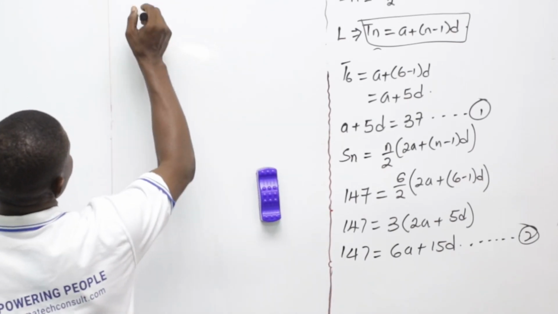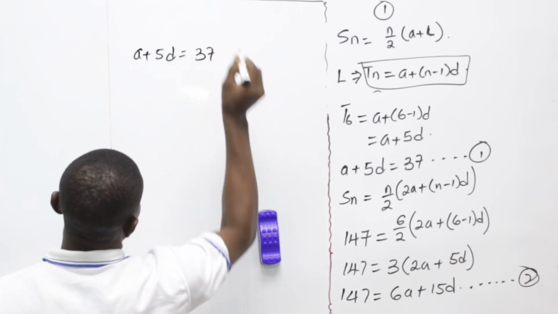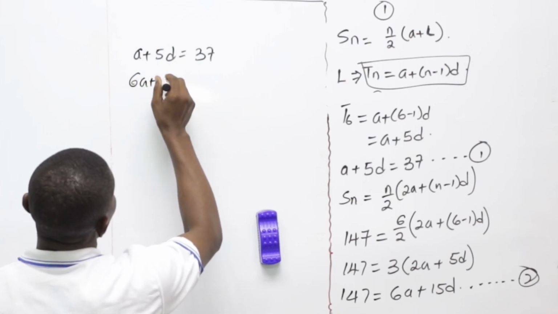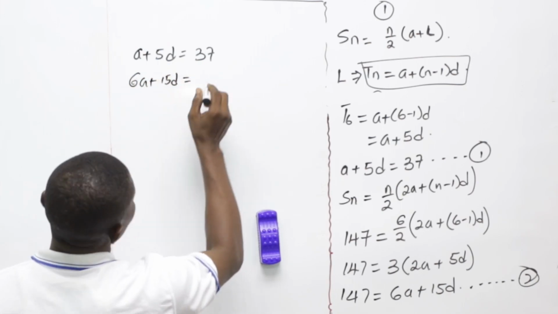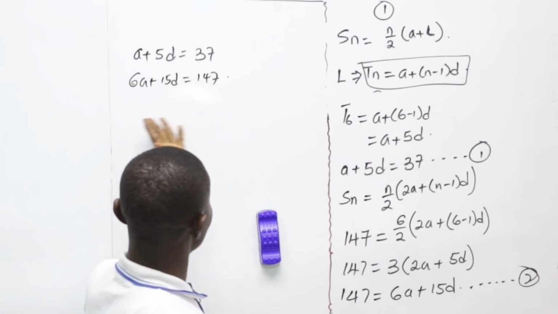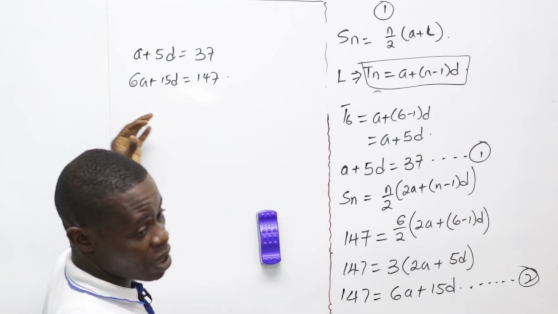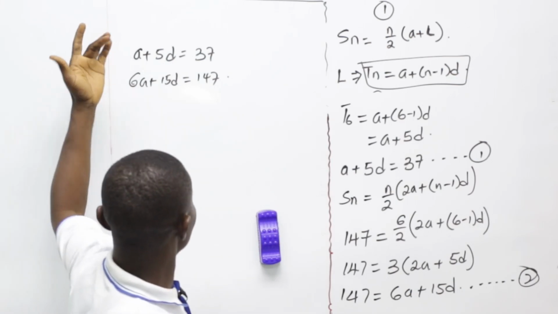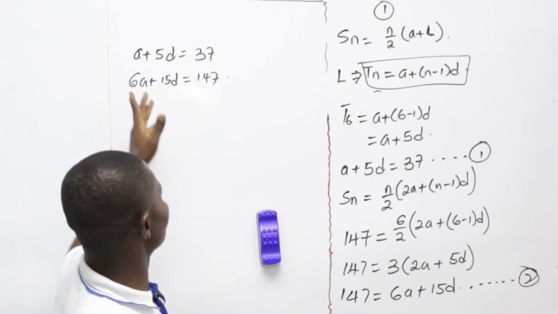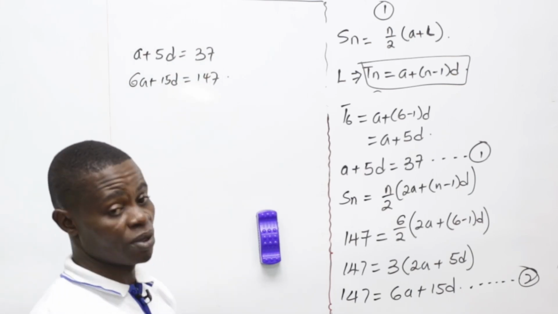What is our equation 1? a plus 5d equals 37. Then the second one, 6a plus 15d equals 147. There's no cause for alarm here. You can still use the elimination method, but the only challenge is that the first term of equation 1 is not equal to the first term of equation 2, while the common difference of equation 1 is not equal to that of equation 2.